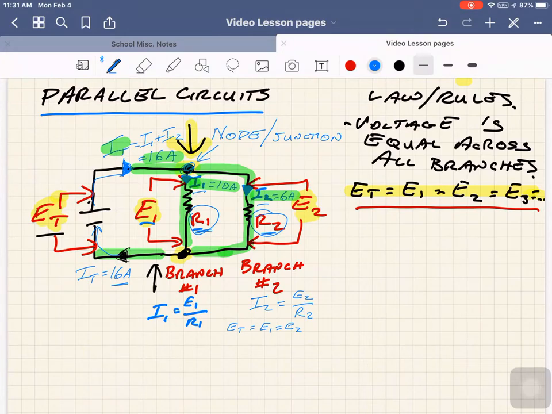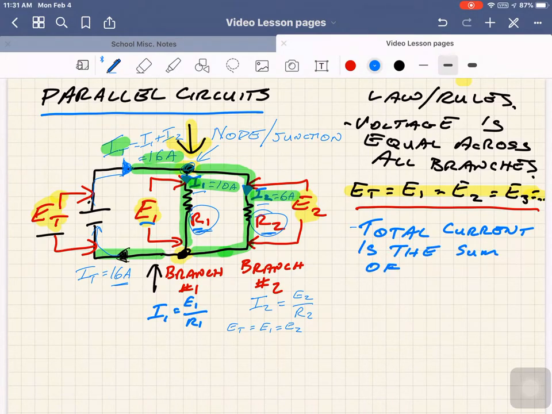So that next law is total current is the sum of all of the current flows in each of the branches.